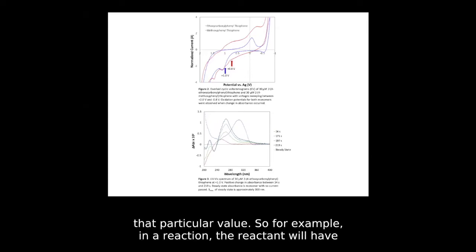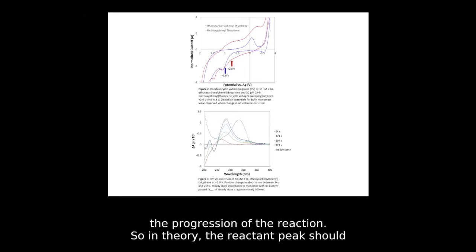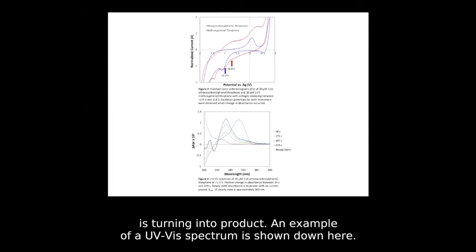So for example, in a reaction, the reactant will have a different peak than the product. And so the UV vis can track the progression of the reaction. So in theory, the reactant peak should be decreasing and the product peak should be increasing because the reactant is turning into product. An example of a UV vis spectrum is shown down here.